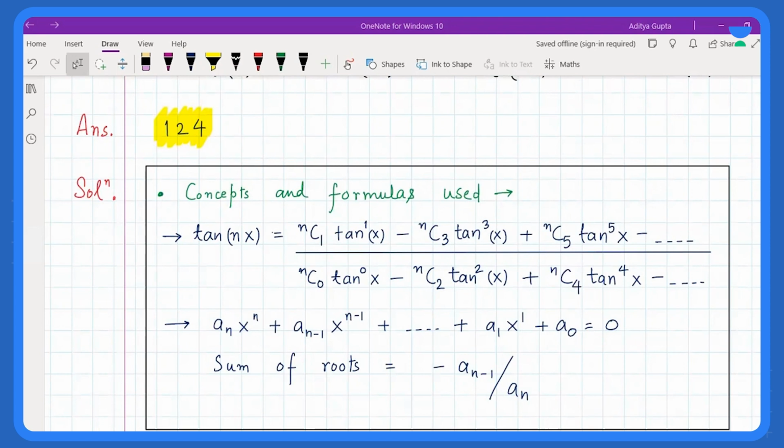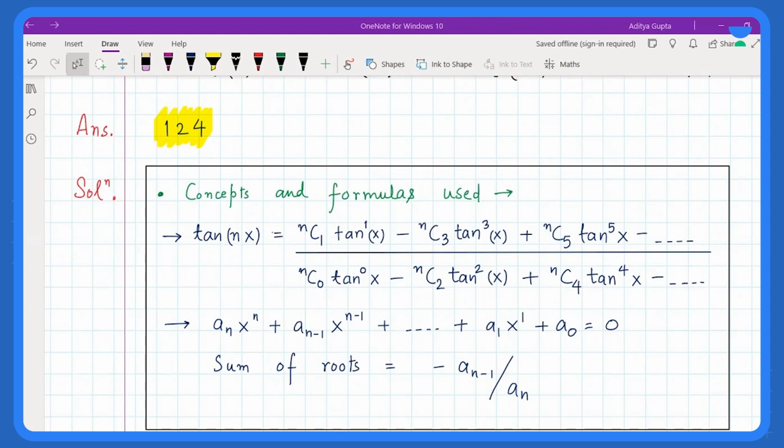So the upper sum in the numerator is continued for as long as it can be defined. And similarly in the denominator, the pattern we observe is that in the numerator 1, 3, 5 are the powers, then in the denominator the powers are even powers, which are 0, 2, 4, and so on, right? So that's the formula we should remember.